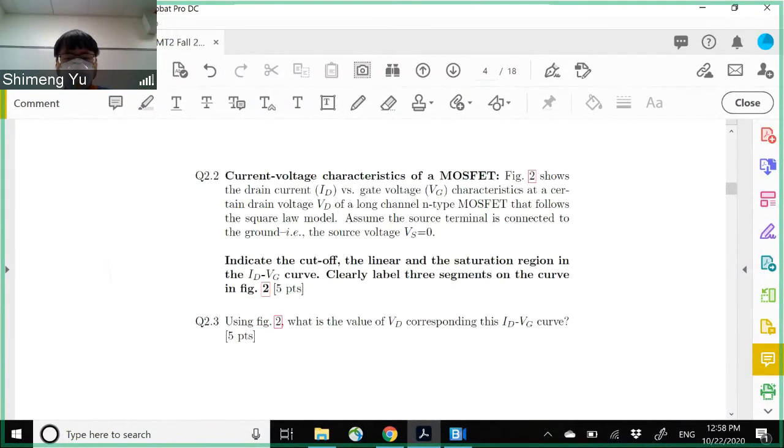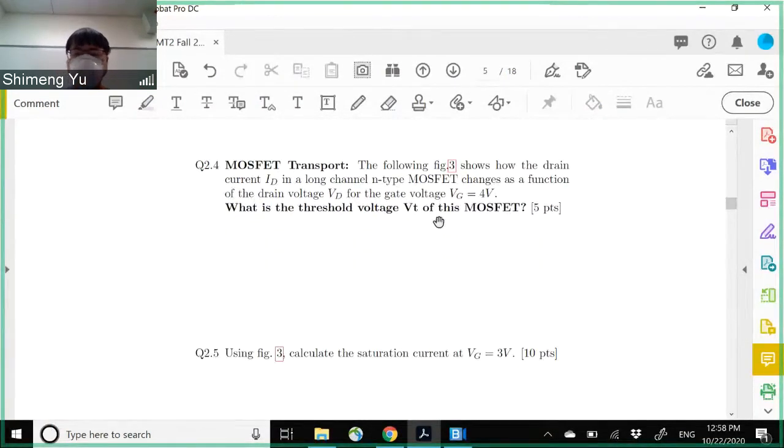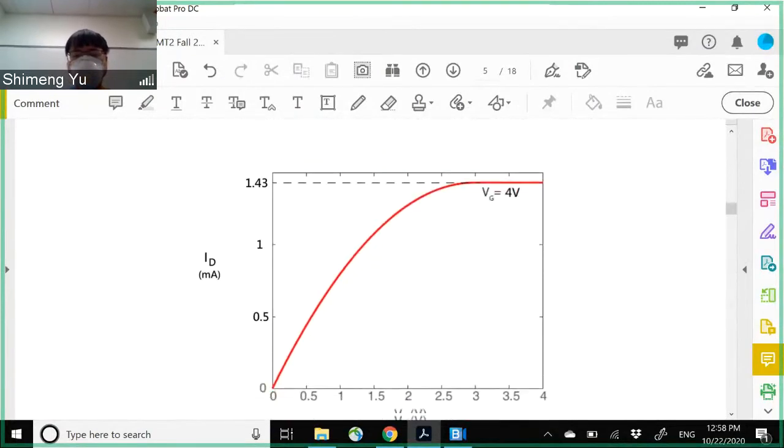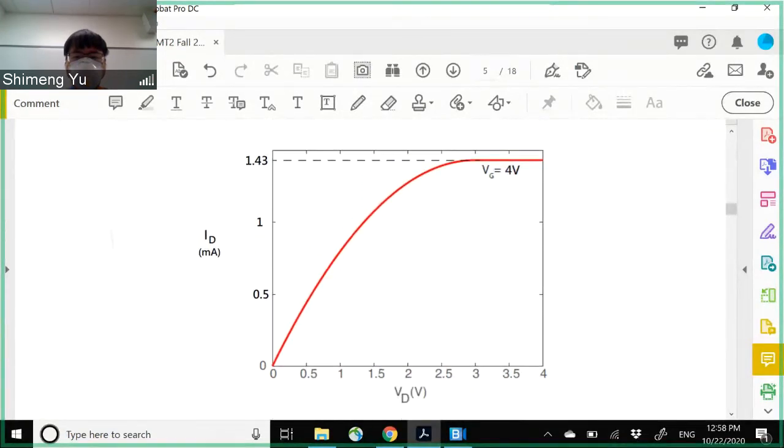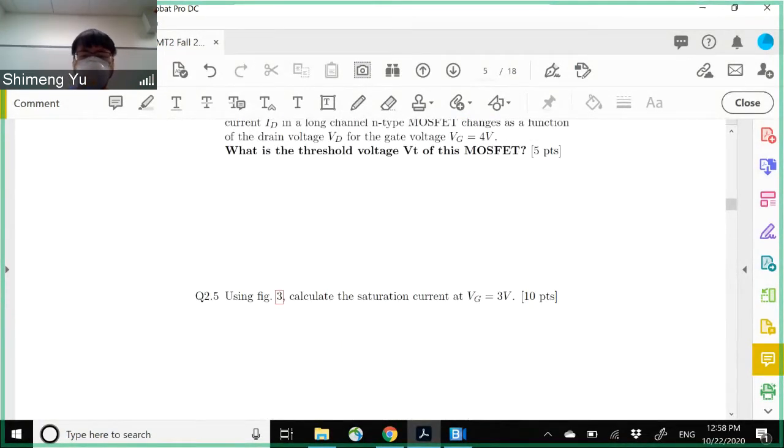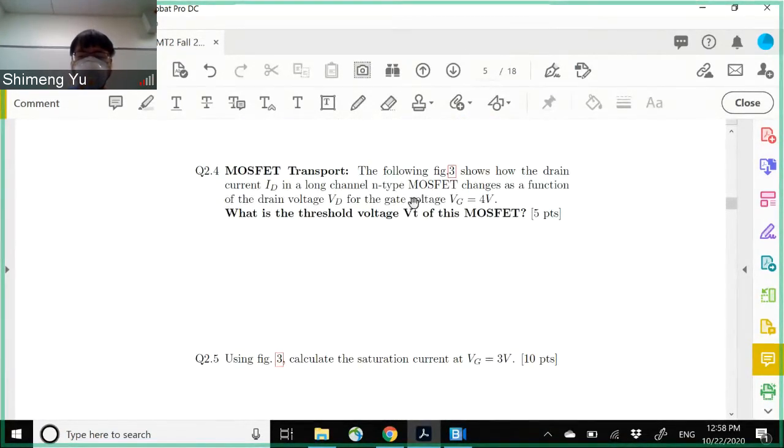Okay, so this is 2.3, then 2.4. 2.4 is regarding this ID-VD, and this is similar to your homework. It says this ID-VD is when the gate voltage Vg equals 4 volts.